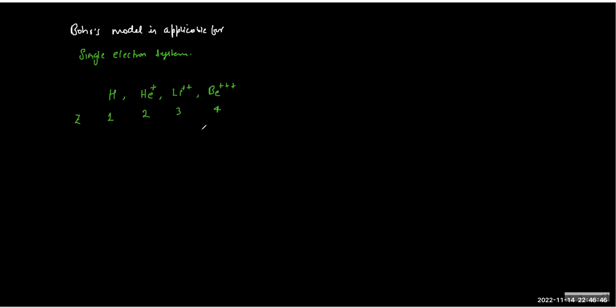And if they somehow mention only one of the options and the other options are not out of these, it means that will be the answer anyway. So this is only applicable for a single electron system for some reason. I'll come to that also, why we only apply it to single electron systems. Then we move to X-rays later on.